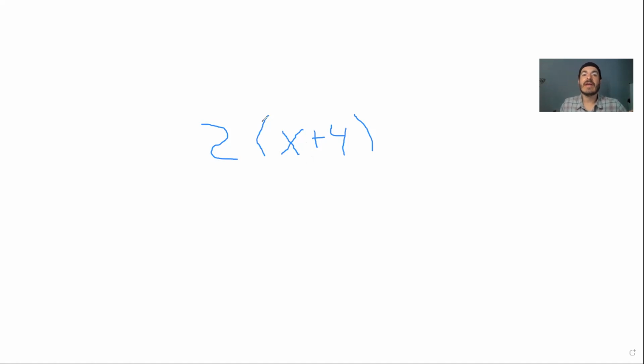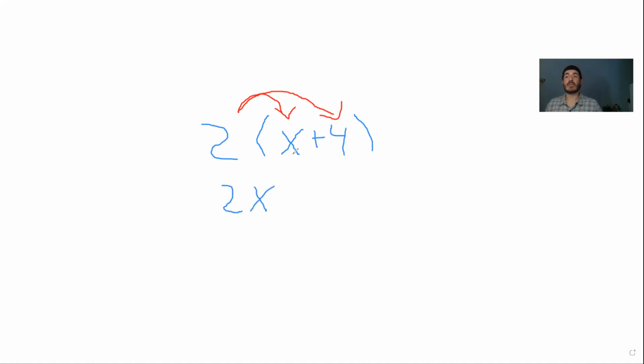But if I'm multiplying the whole sum, x plus 4, by 2, I can manipulate this a little bit using the distributive property. I can take this 2 and multiply it by the x, and I can take this 2 and multiply it by the 4. What do I end up with? I end up with 2 apples, 2 times x.